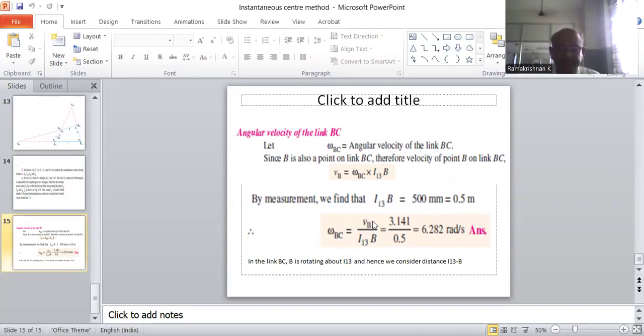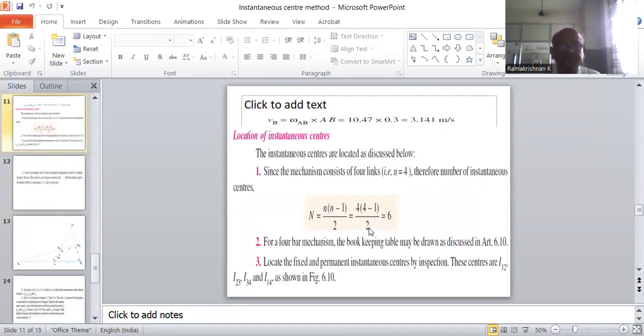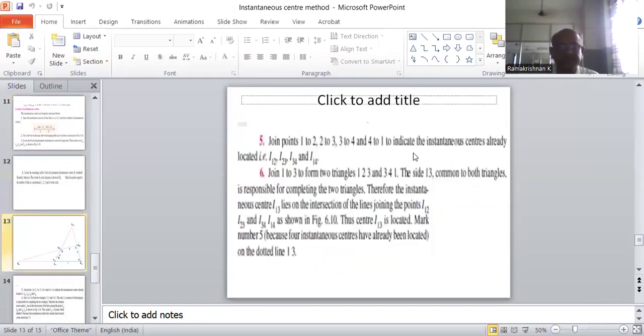So omega can be written as velocity divided by R, that is velocity of point B divided by R. Already we have found the velocity of the point B by considering link 2, from the angular velocity of link AB and the length of the link: 3.141 meters per second.